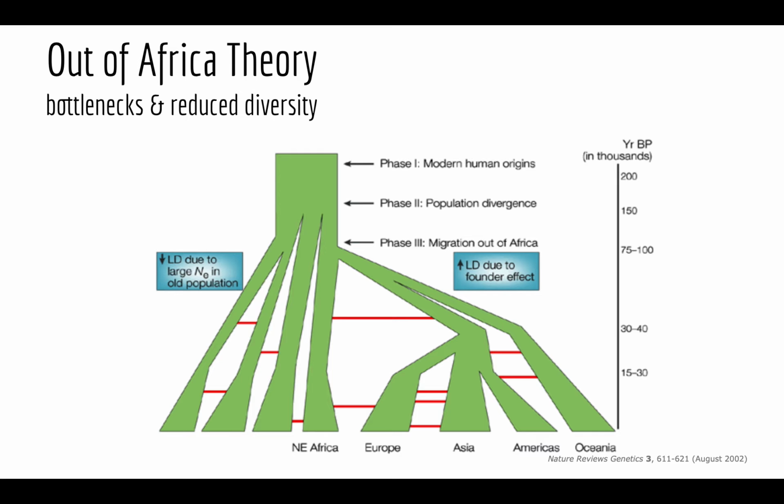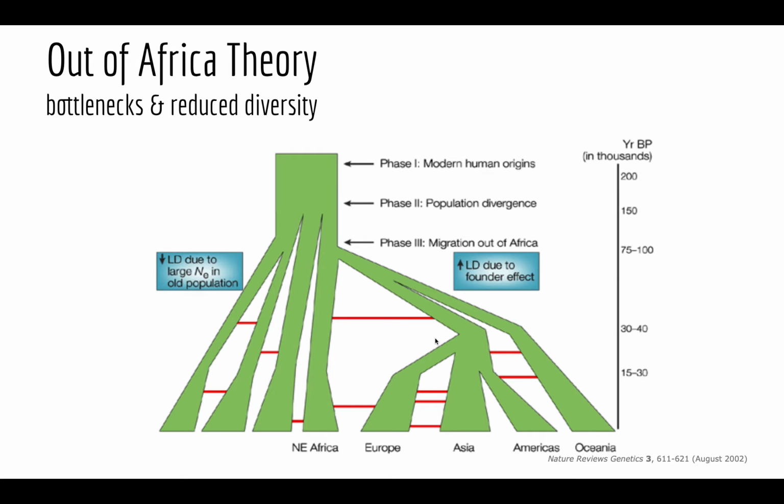So you've probably heard of the out of Africa theory. I think it's probably moved beyond theory now. The data are really strong. This is a complicated figure, but I'll explain it in words. Essentially, there have been multiple waves of migration of individuals out of sub-Saharan Africa.